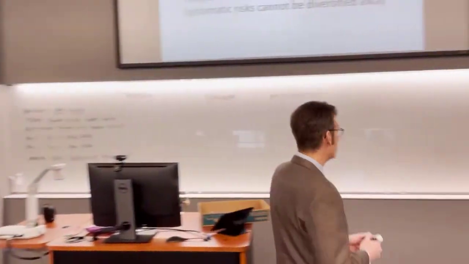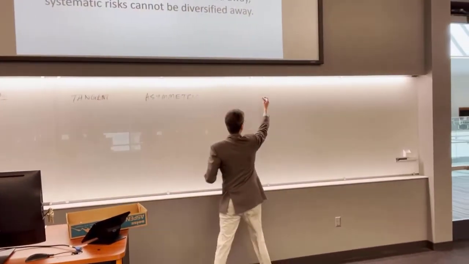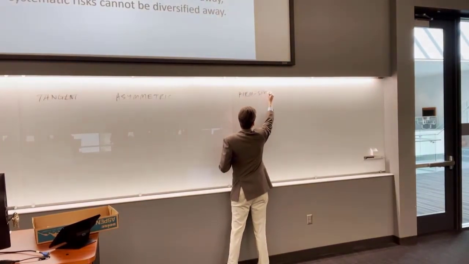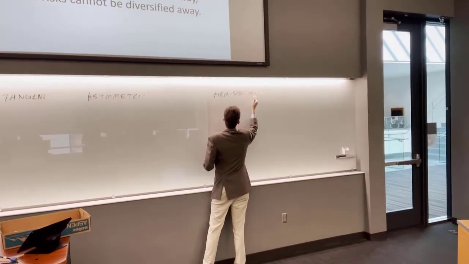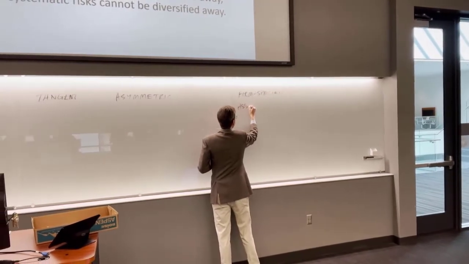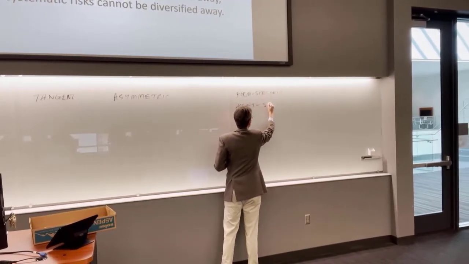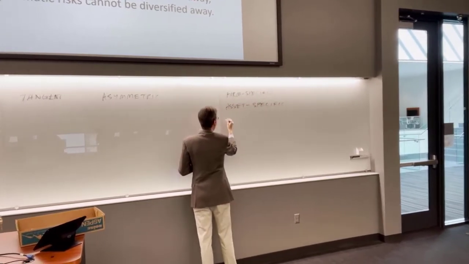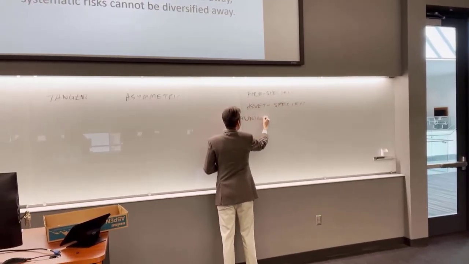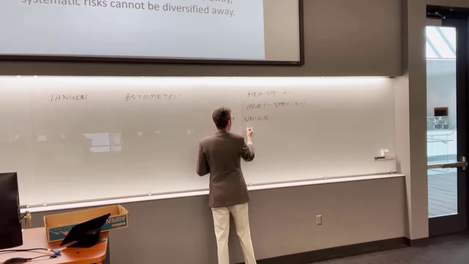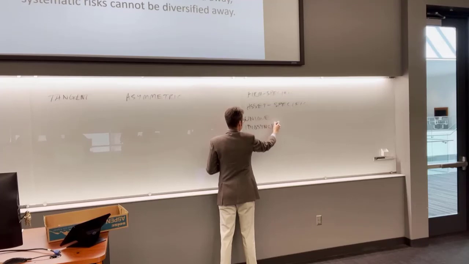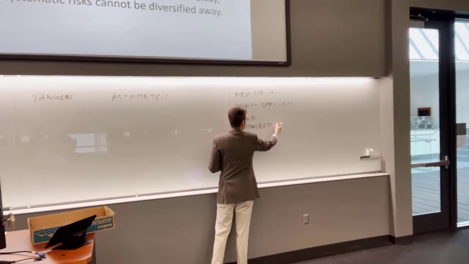And I'm going to give you a couple more names for it. We can also call it firm-specific risk, or asset-specific risk, or unique risk, or idiosyncratic risk.